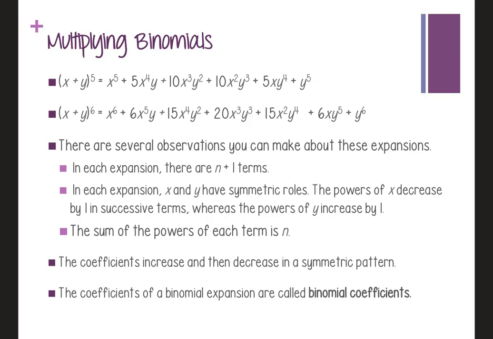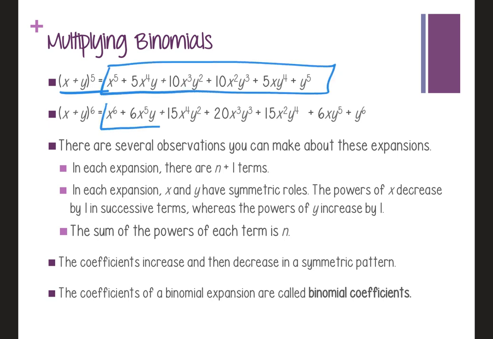So, for example, if I had x plus 5 and I multiplied x plus 5 times x plus 5 times x plus 5 times x plus 5 times x plus 5, and I combined all my like terms, I would end up with this as my result. If I did it to the 6th, I would end up with this as my result, okay? Notice there are a couple key features about both of these.